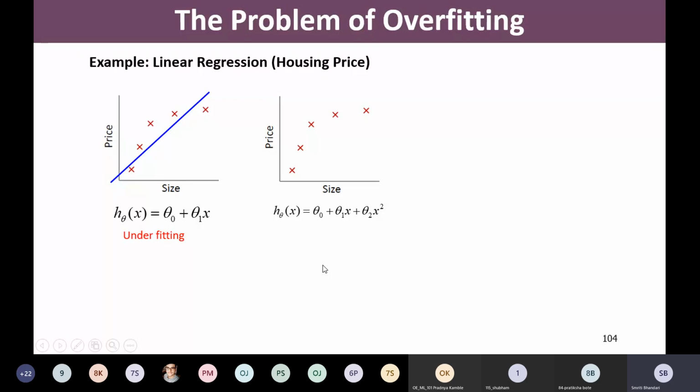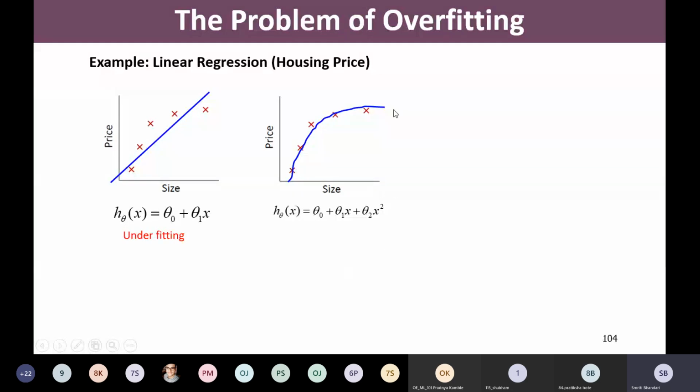If we have such a quadratic function as the hypothesis, and we look at how the data points are spread in this space, then we may find that this particular hypothesis is fitting our data more accurately, right?